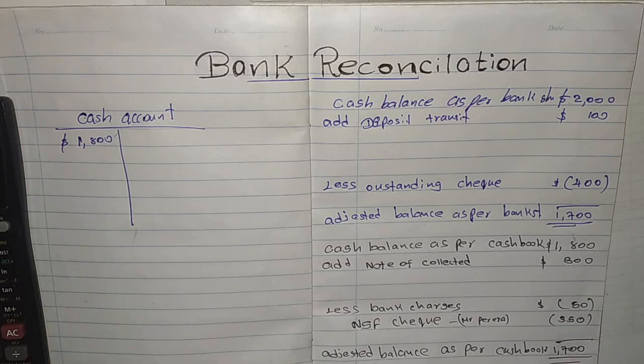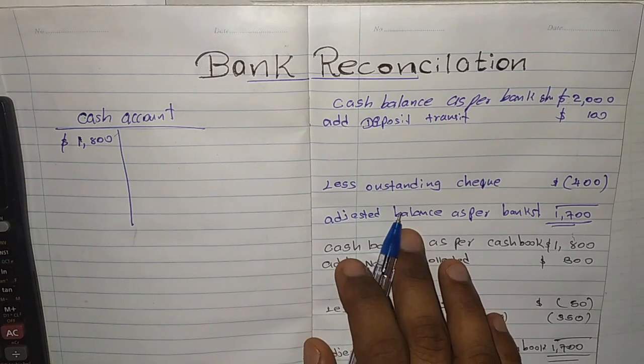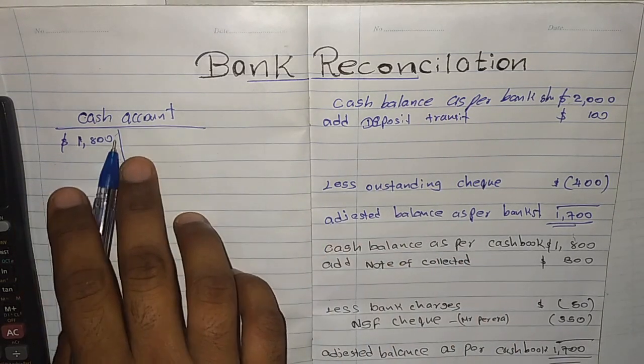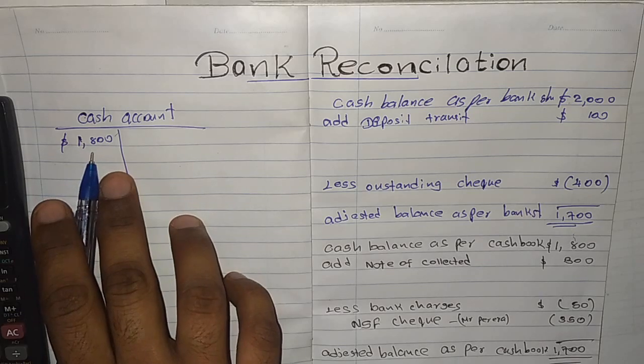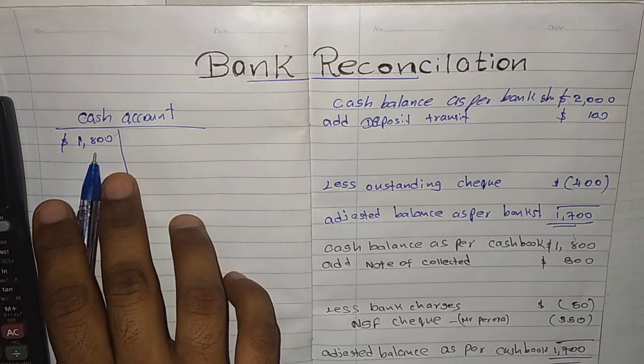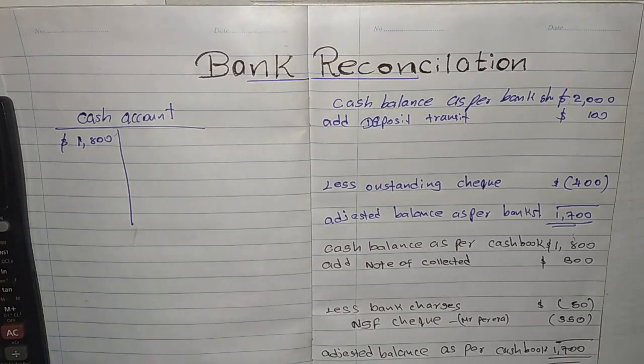For the note that was collected. Now you can see our cash book account balance, $1,800, is showing.